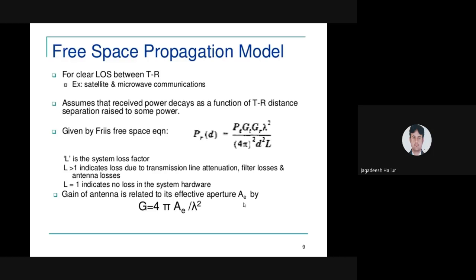Based on this equation, a system loss is present, that is L.